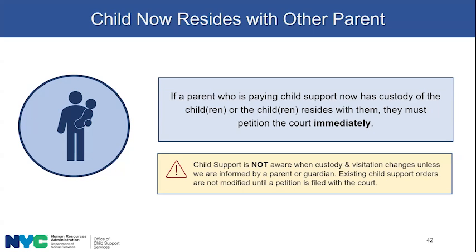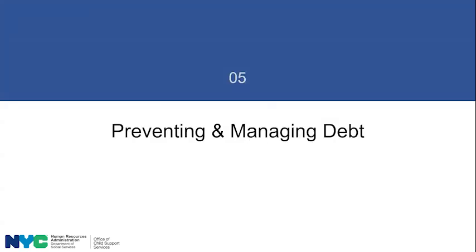So if there's been a change, then it's on you to let us know. Next slide. Enforcement actions can happen, but issues with debt typically occur from the very beginning. So let's now talk about how enforcement actions can be prevented and how to manage child support debt. Next slide.